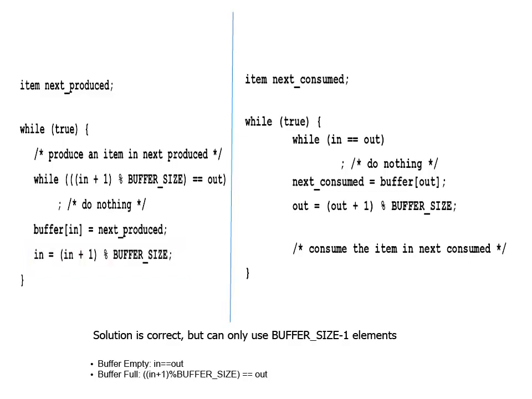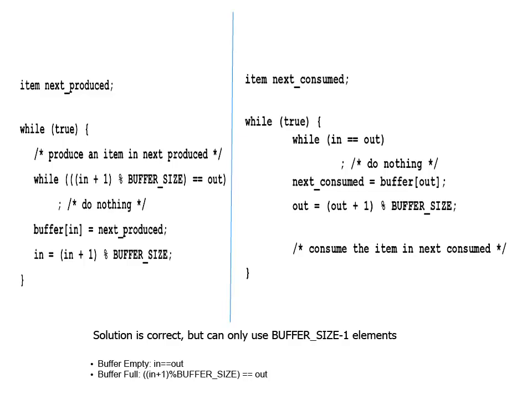For example, at the beginning, in and out both equal 0. So if we go into this inner while, in plus 1, which is 1, modulo buffer size, let's say buffer size equals 10, so 1 modulo 10 equals 1. So it's not equal to 0, and out is 0 at that time.